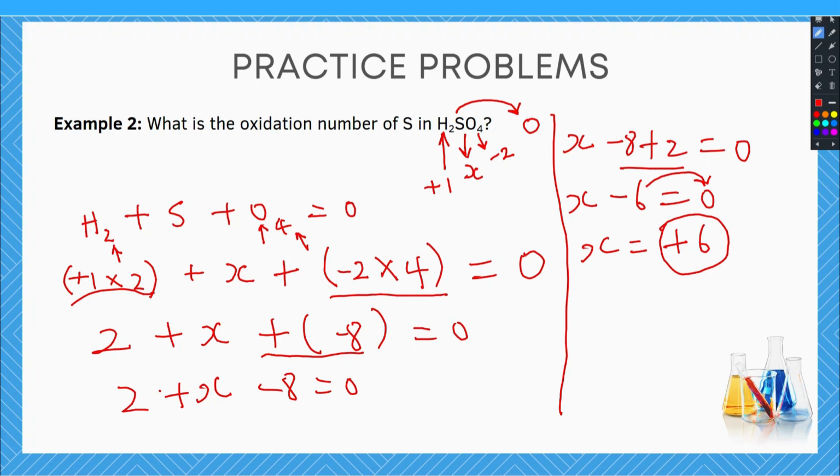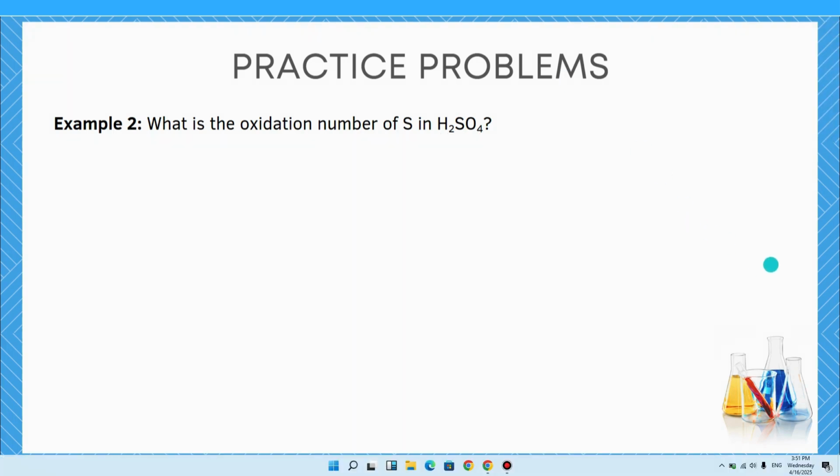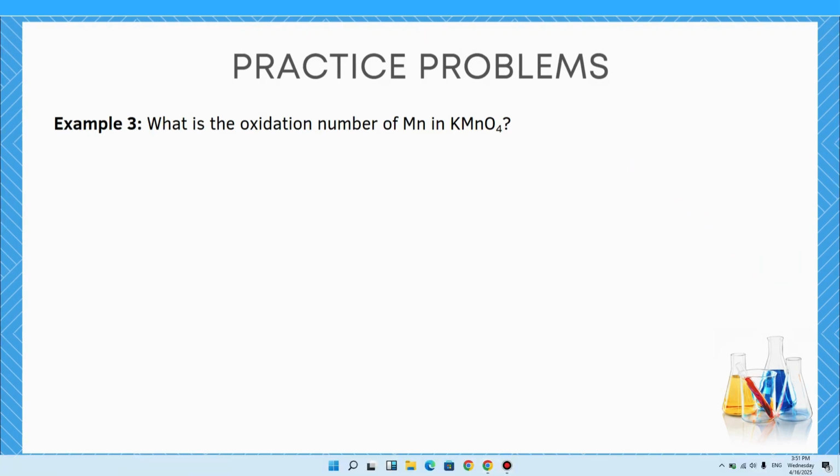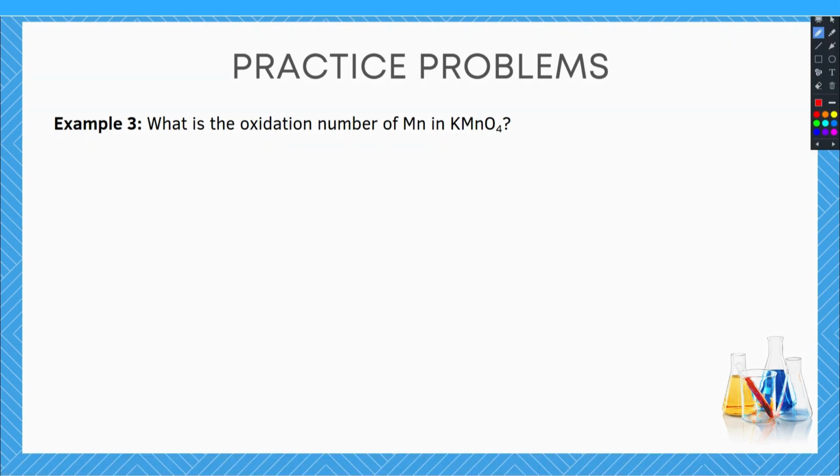I hope you saw how I did it, and I hope you're following thus far. Now, next question. What is the oxidation number of manganese in KMnO4? Now, remember, we have an element here, K, and K stands for potassium, which is an alkali metal.